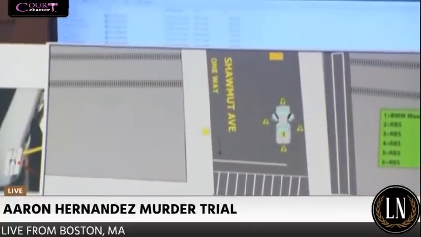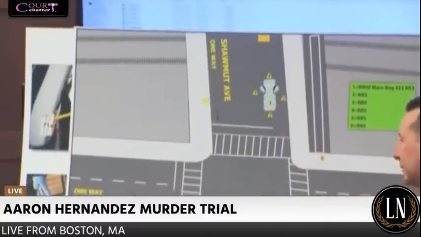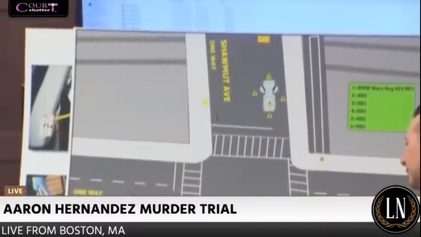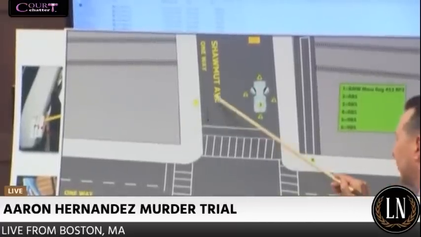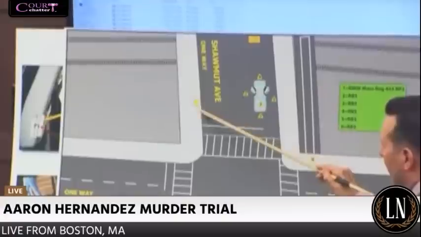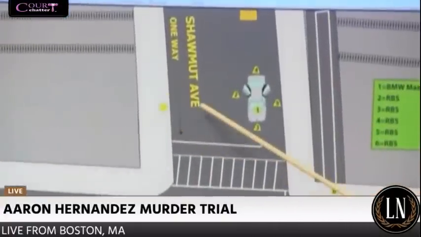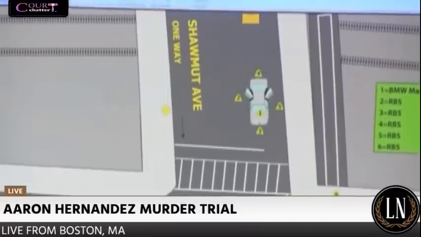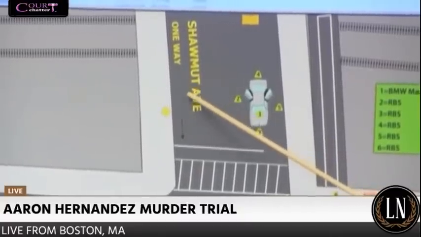Okay. Some of the things you're searching for here are possible shell casings. We were searching the entire area, not just in the area that you're... I'm specifically directing your attention to this area here, sir. Okay. My question to you is, one of the things that you might be looking for at this point in time are shell casings here. Yes. Okay. One of the other items you might be looking for are projectiles over here.